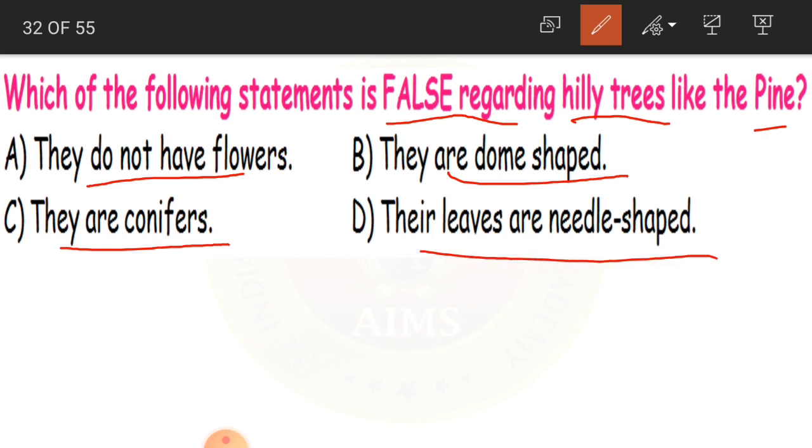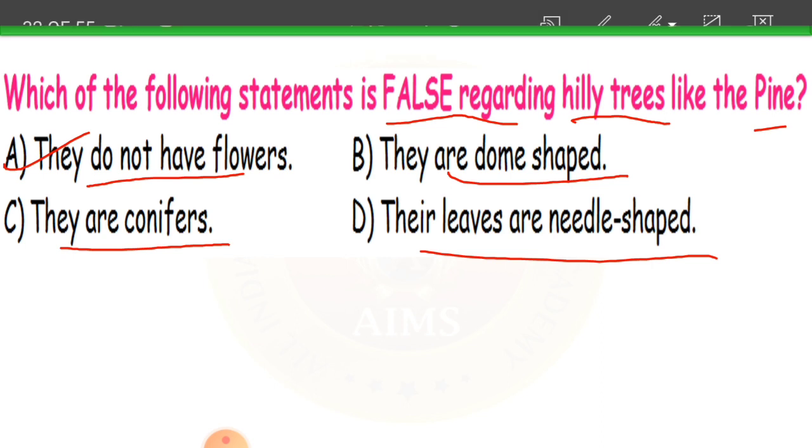And the answer is they do not have flowers. Plants like pine have flowers, but here in our statement it is saying that they do not have flowers. This is the wrong statement, whereas all the other three, B, C and D, are correct. So A is the answer.